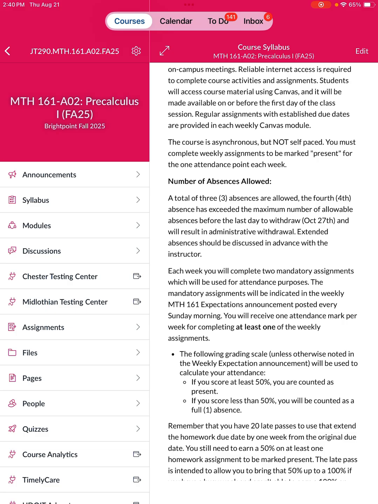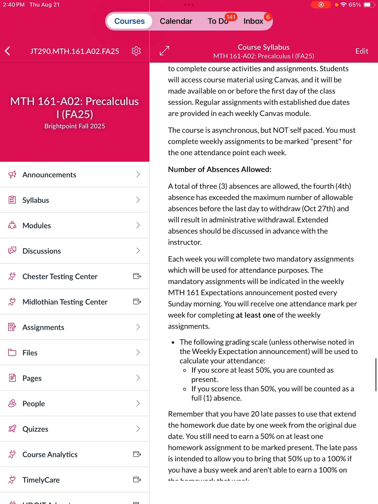As long as we're still before the due date, then you can keep working on that. Or you can use a late pass to keep working on it. If you have 4 absences before October 27th, you will be withdrawn from the course. If you have extenuating circumstances, please talk to me, and those would be handled through the Dean of Students.